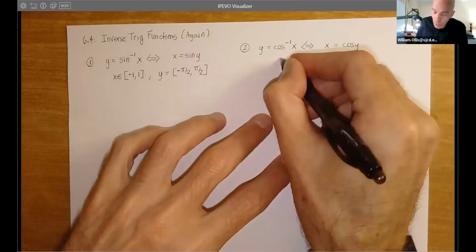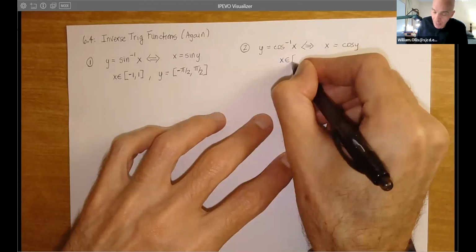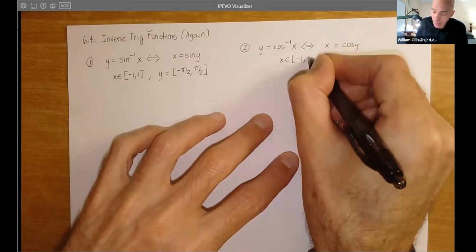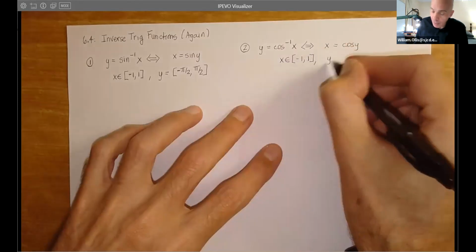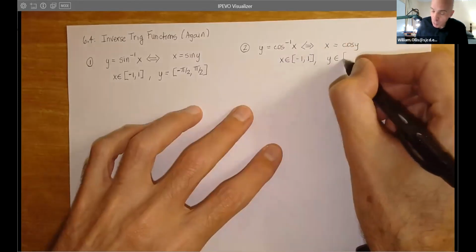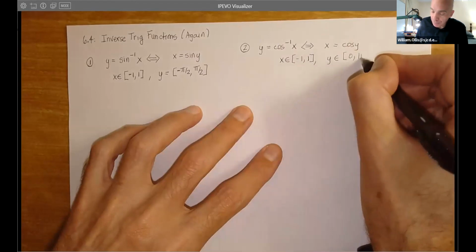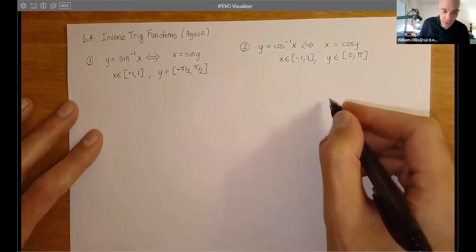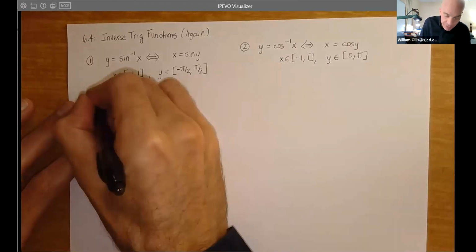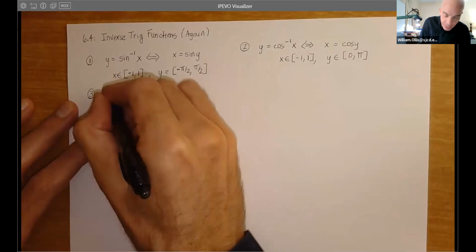And then, of course, as we know, the restricted domain, -1 to 1. And then the way we restricted the domain, we get that the inverse cosine lives between the two real numbers, 0 and pi. So that was our second inverse trig function. And then the third one that we'll spend some time with will be the inverse tangent.